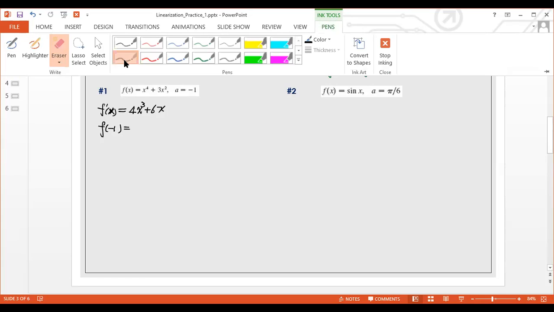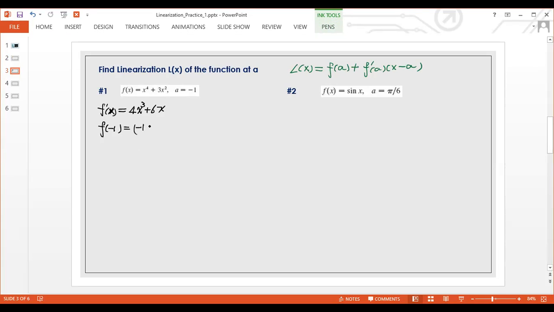This will be -1 to the fourth power plus 3 times -1 to the second power. So this is 1 plus 3, which is 4. Then we also need to plug -1 into the derivative. So it's 4 times -1 to the third power plus 6, which is -4 plus 6 ... -1 times -1.